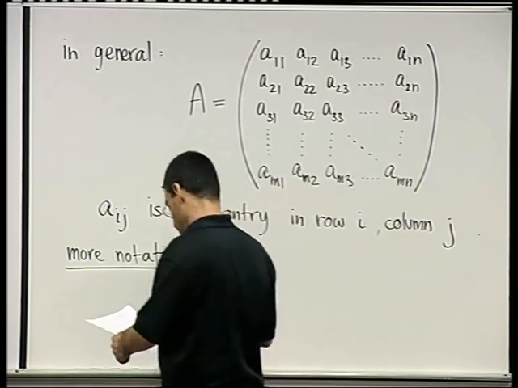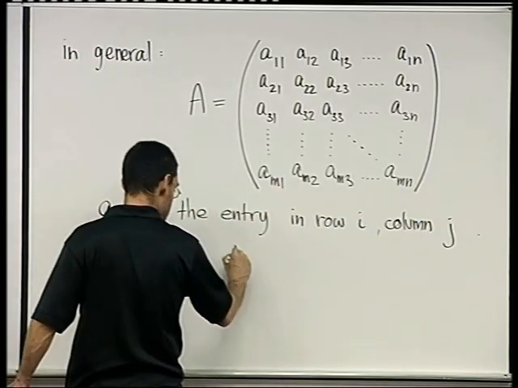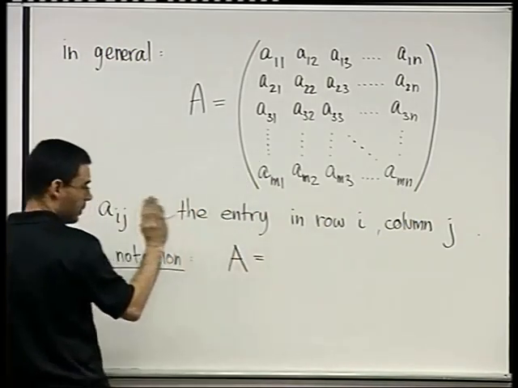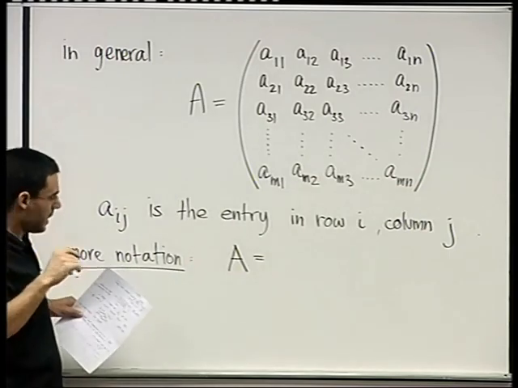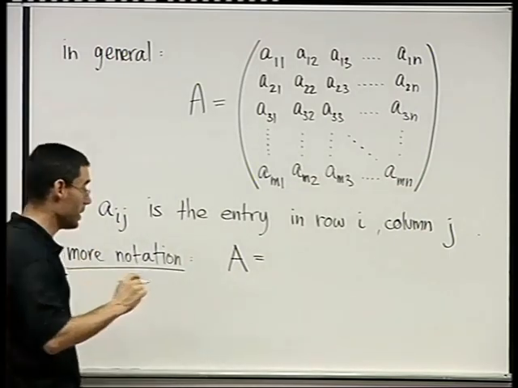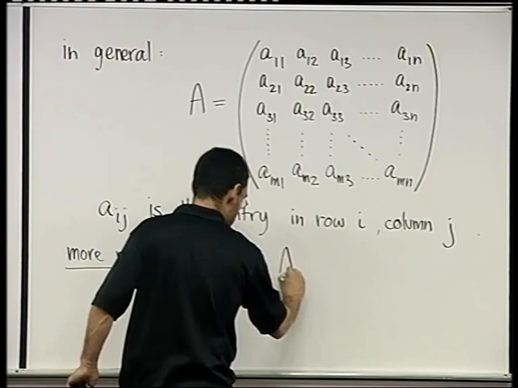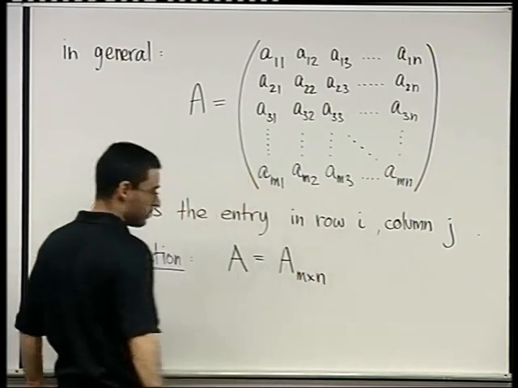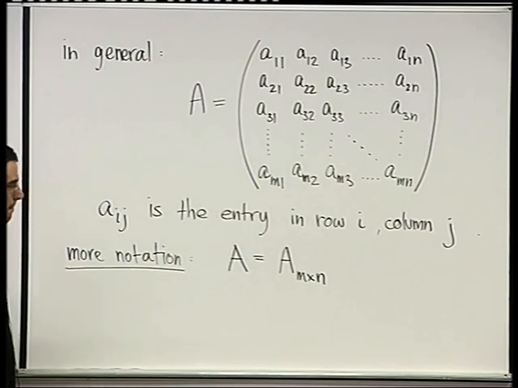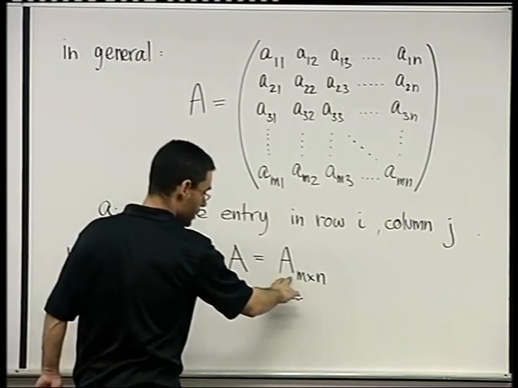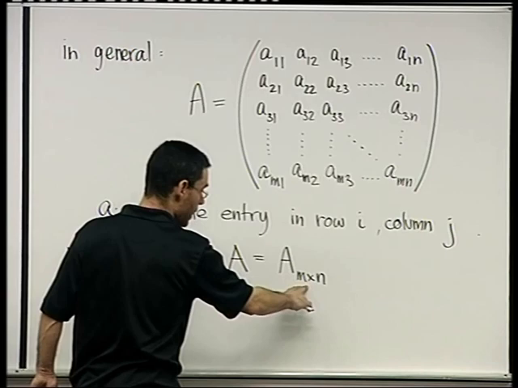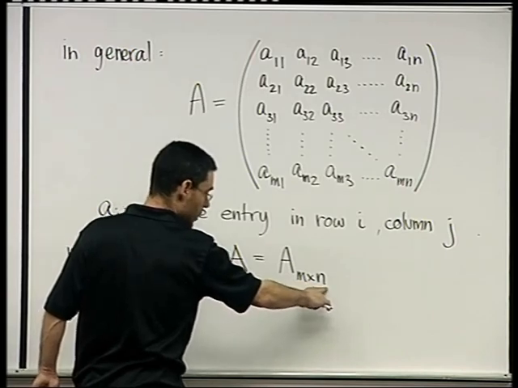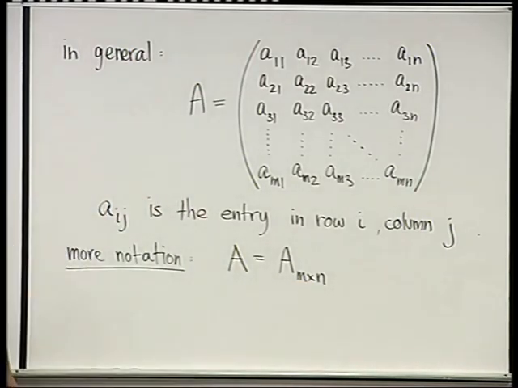So here's more notation. If we just write A, we're saying, hey, that's a matrix. We don't know anything about it. Sometimes you want to express the fact that it has m rows and n columns. So A, m by n. That's how we read it. This is a matrix with m rows and n columns. It's an m by n matrix.